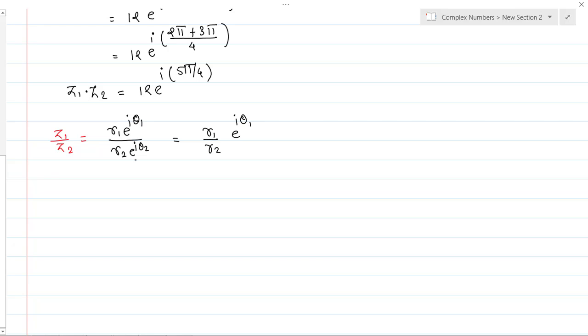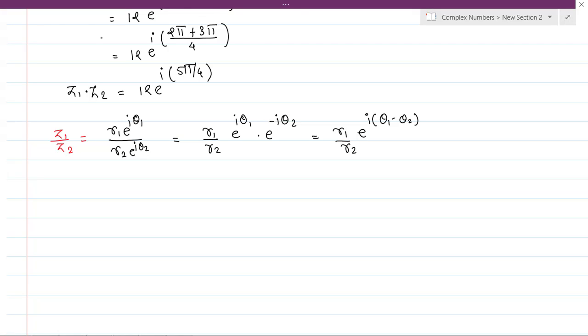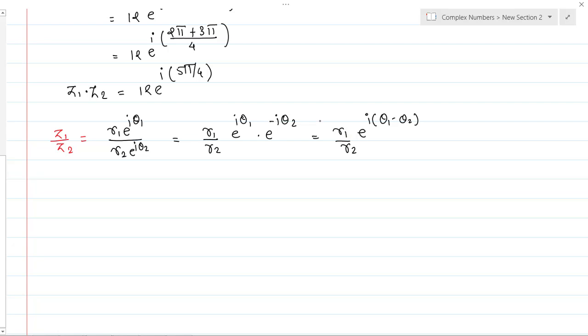If I want to take this e raised to i theta 2 to the numerator, the sign changes, so this is equal to r1 by r2 e raised to i (theta 1 minus theta 2). That's great. So if you have division of complex numbers, then their arguments get subtracted, and their magnitudes get divided, r1 by r2.